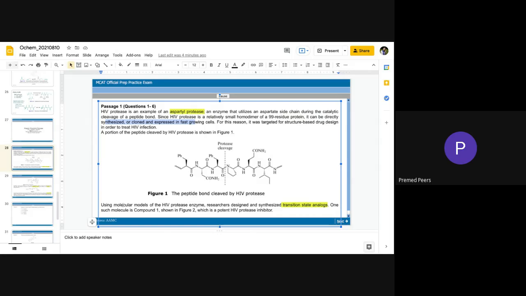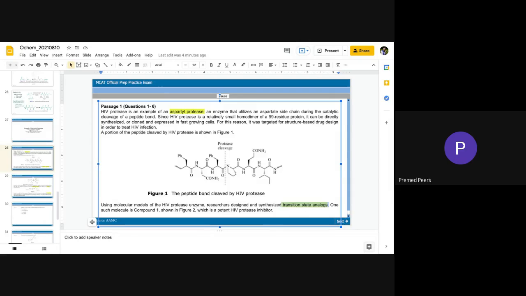And then I go through, and they showed you an example of how the cleavage occurs, and I'm like, okay. And then here it says that using the molecular model, the researchers designed and synthesized the transition state analog. I don't know if they mentioned in biochem that when there's a transition state, it allows the most perfect binding.